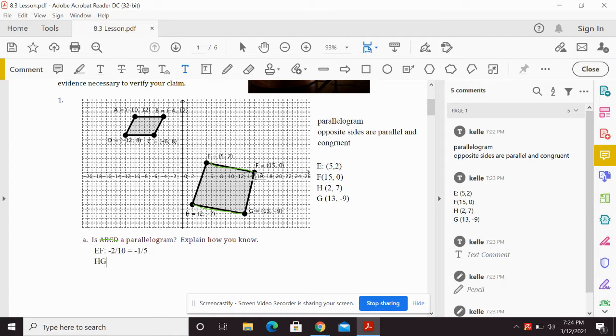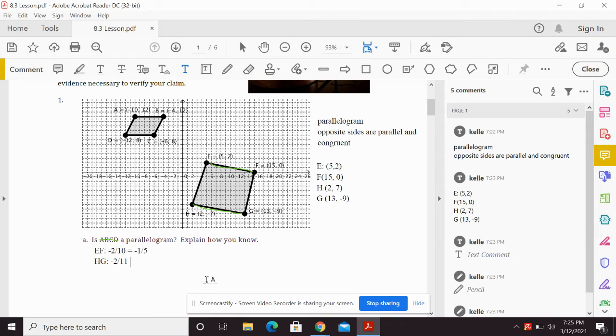HG. Slope of HG. Change in Y over change in X. So H is at negative 7. It goes from negative 7 to negative 9. That is negative 2 over my change in X. From H to G, my X goes from 2 to 13, which is 11.